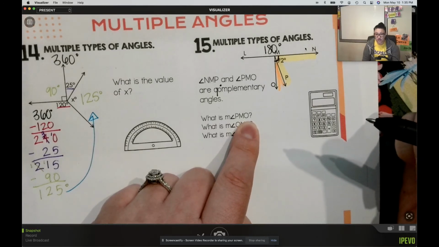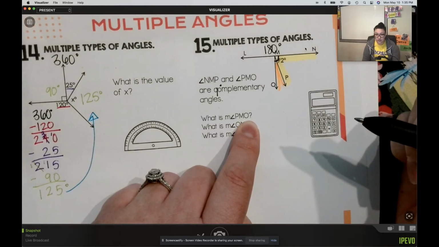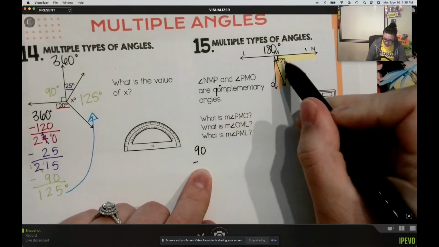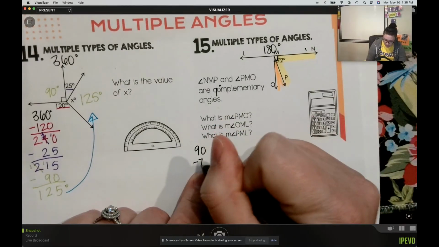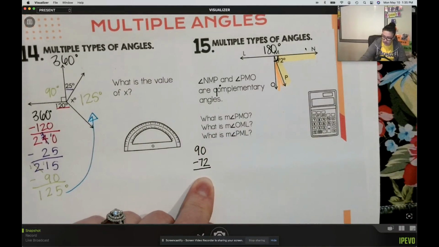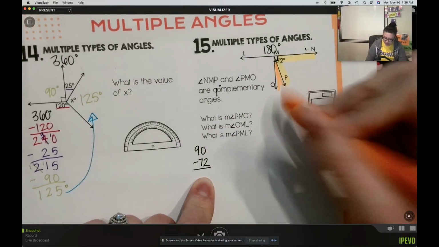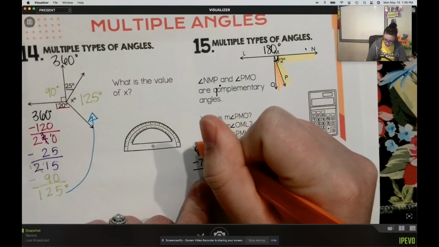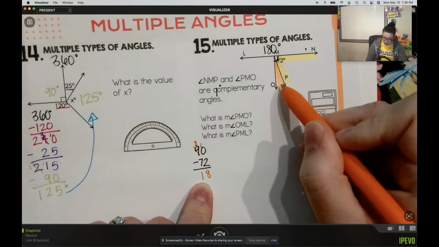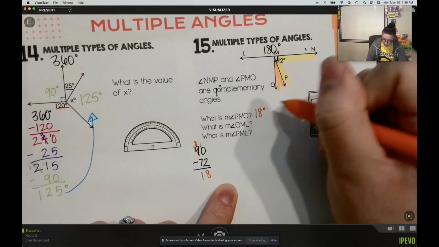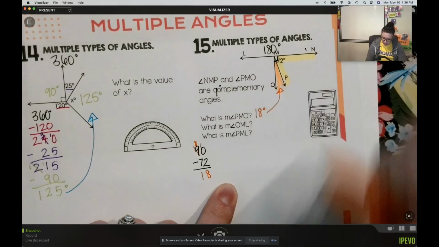What should I do first? Do 90 minus that 72. And that's going to give me this missing angle there in orange. So that means PMO is going to be 18 degrees, right in there.